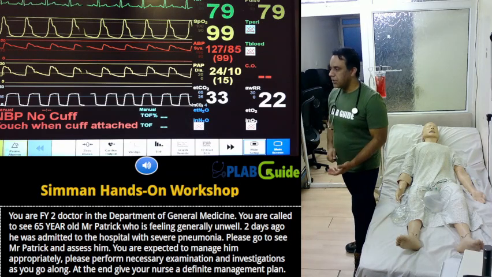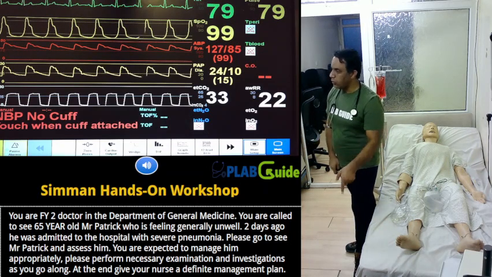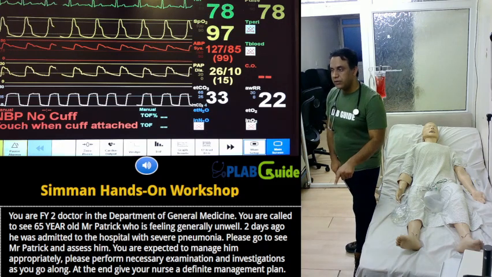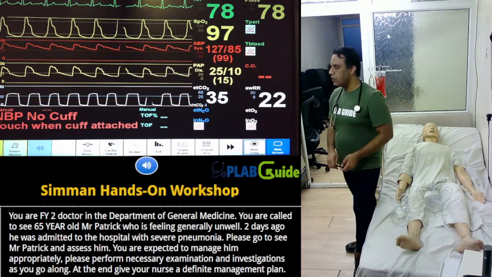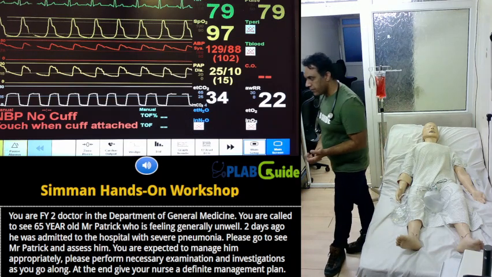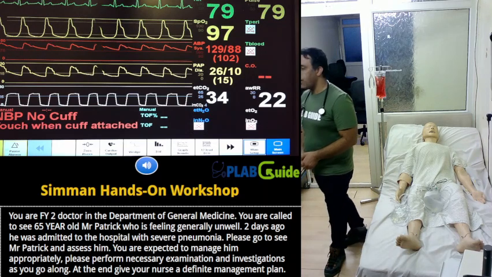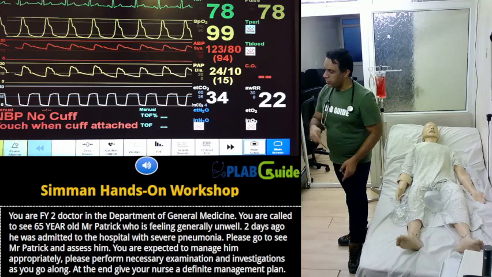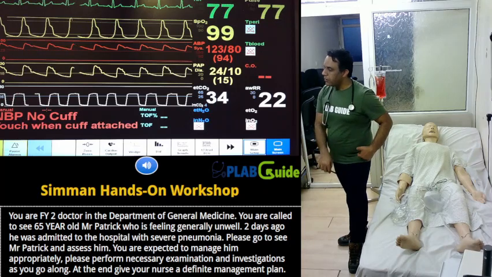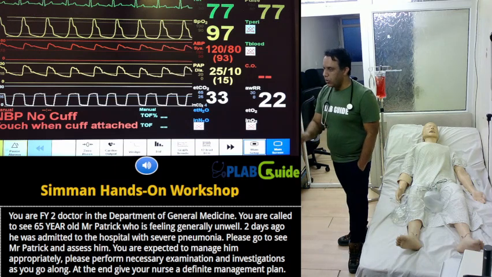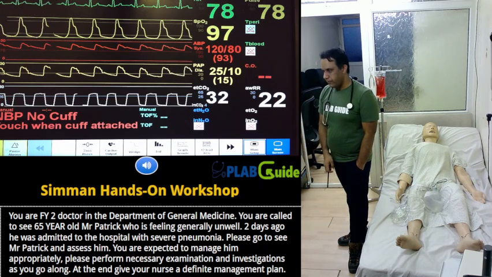If they have the sensations and the power, then you can do the CT angiogram. This is why I told you to check the sensations of the patient, not the sensitivity. Sensitivity is different from sensations. Otherwise, by the time you get the CT angiogram, the patient will develop further extension and may die. So we do not do the CT angiogram.